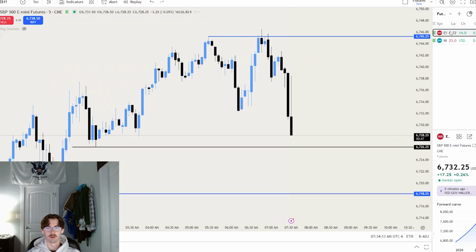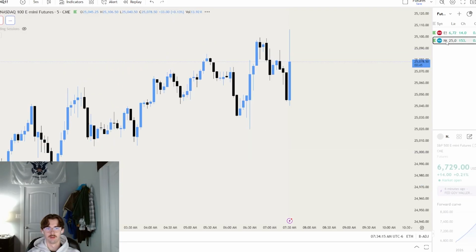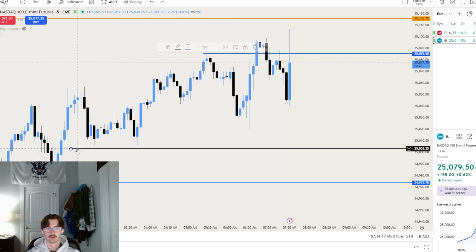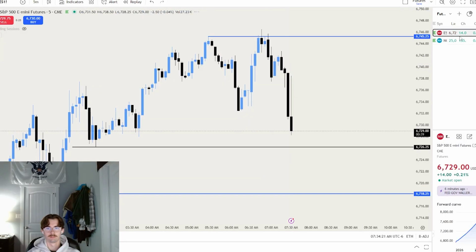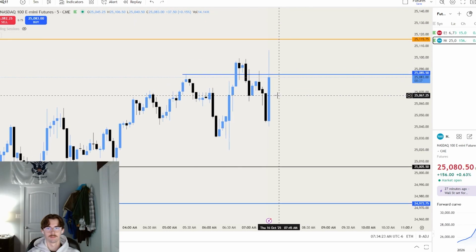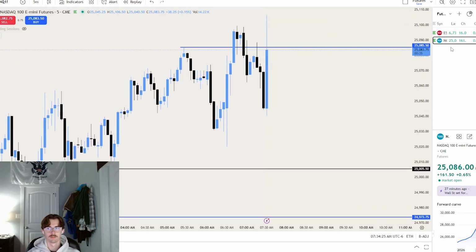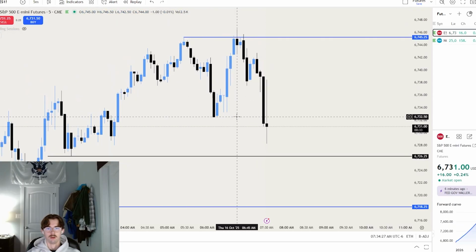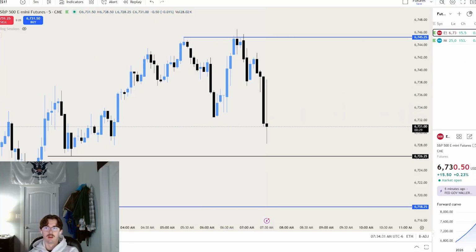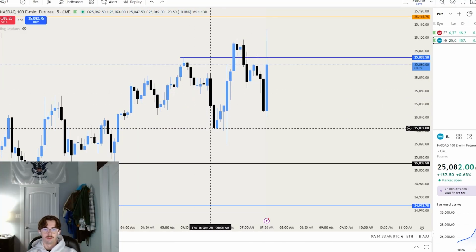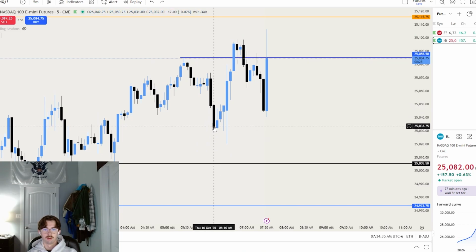Some crazy price action. This SMT is fulfilled already from this 5-minute low, also our news low from pre-market, or close to it.